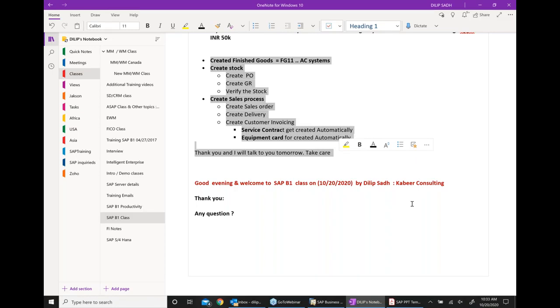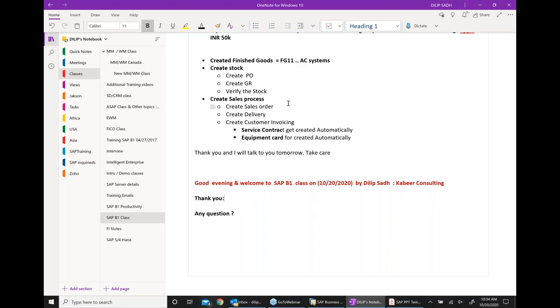How does it work? What is it all about? The service module was related to how we can take care of after-sales service issues, which basically means that when you sell the product, many times we have warranties.